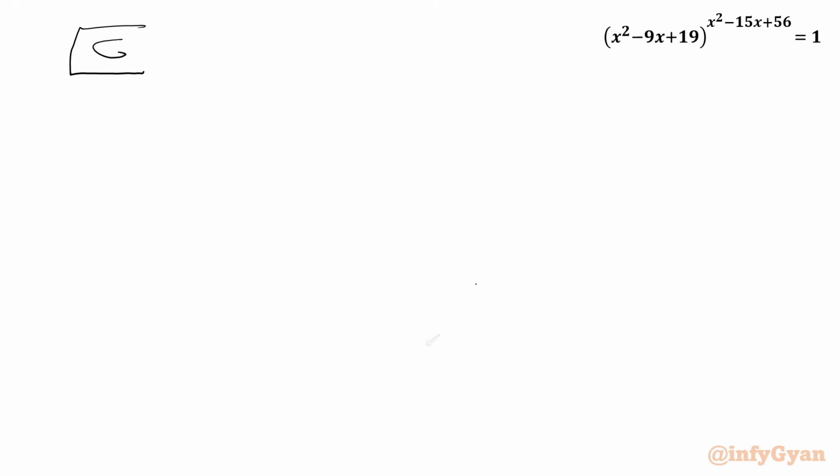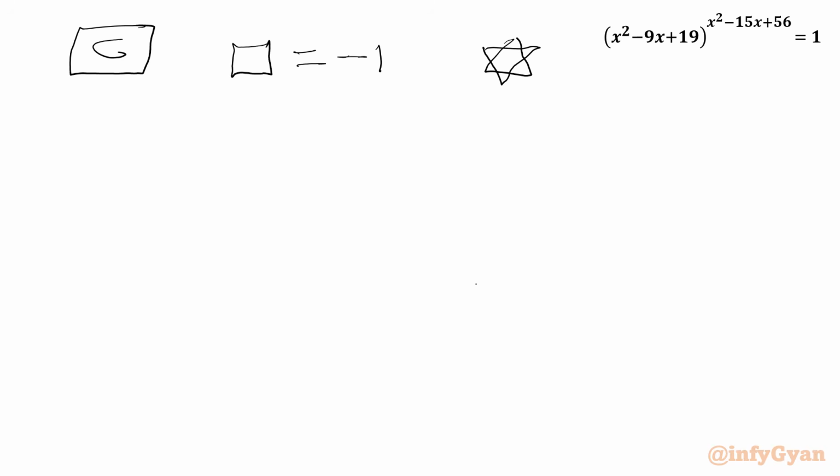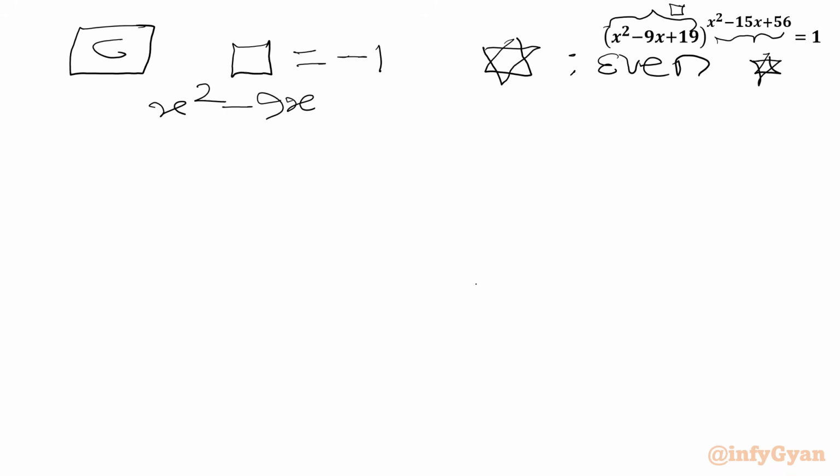Case C is our box or base equal to -1. Make sure star or exponent, they should be even numbered. So here we have box and here we have star. Put box equal to -1. x square minus 9x plus 19 equal to -1.